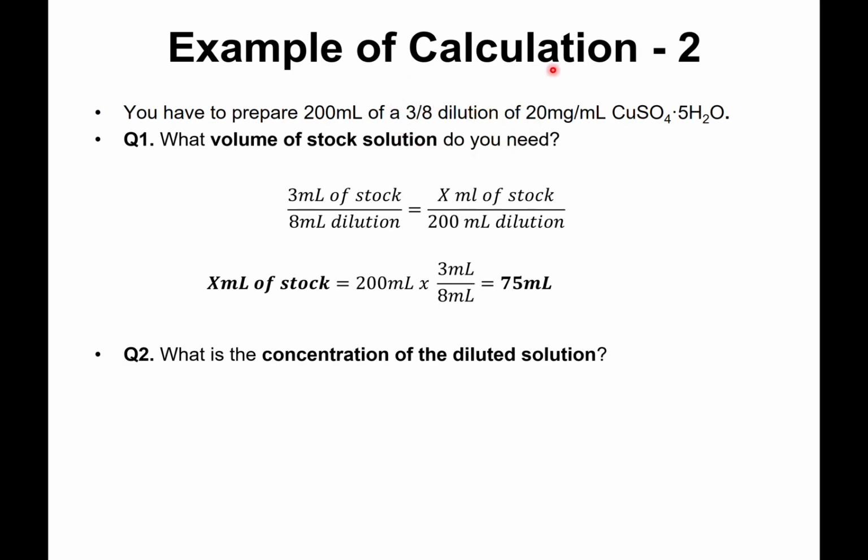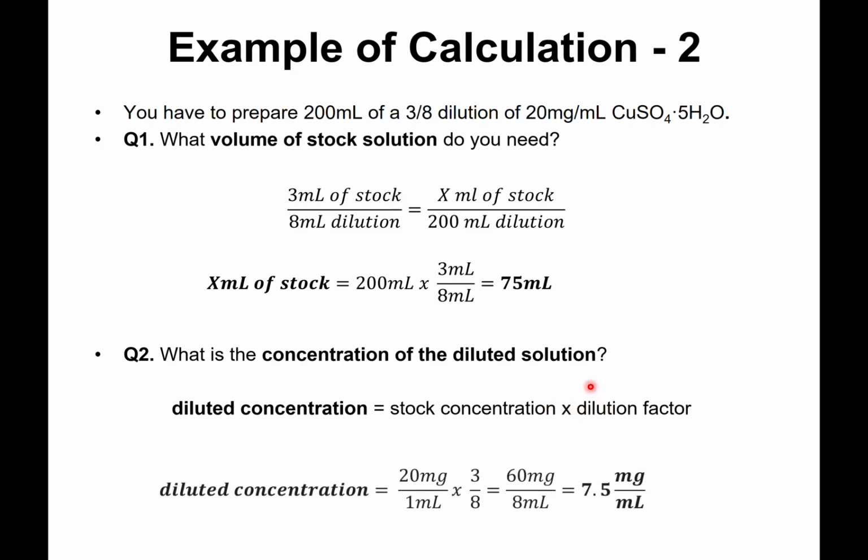We know that this concentration will go down proportionally to the dilution factor. Therefore, if I multiply these by 3 over 8, so stock concentration times dilution factor, I will get that the final dilution will be 7.5 milligrams per milliliter, which is 3/8 of 20 milligrams per 1 milliliter.